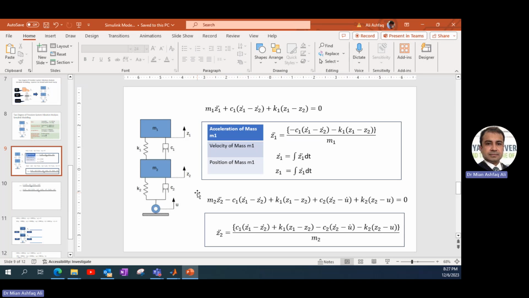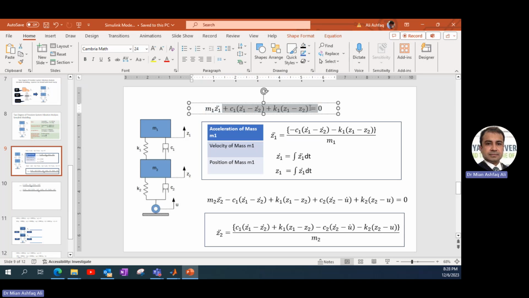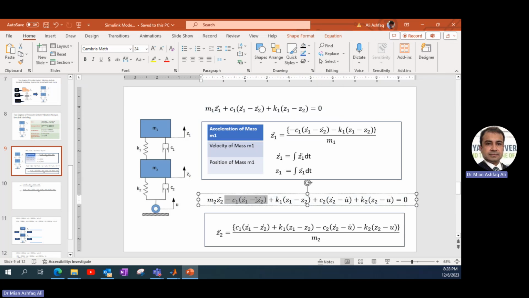If we consider M2, then certainly it is connected with all the components, including two springs and two dampers. The terms which are positive for M1 will have negative terms when it comes to M2, because it is the same magnitude of force but opposite in direction when it is linked with M2.